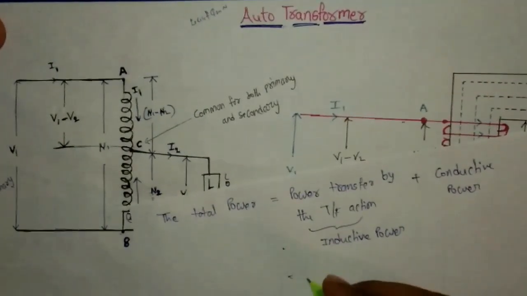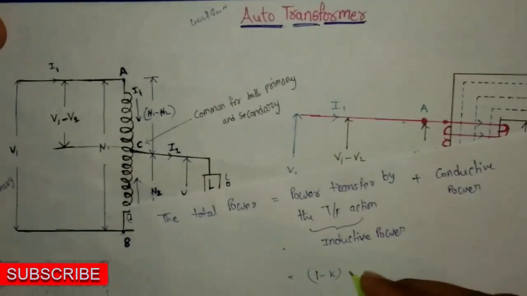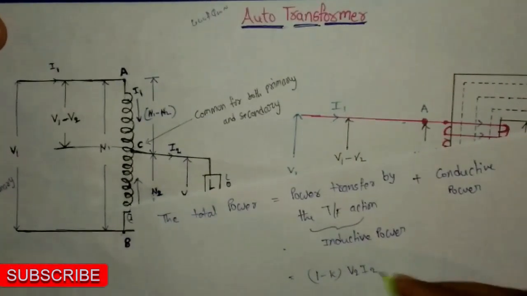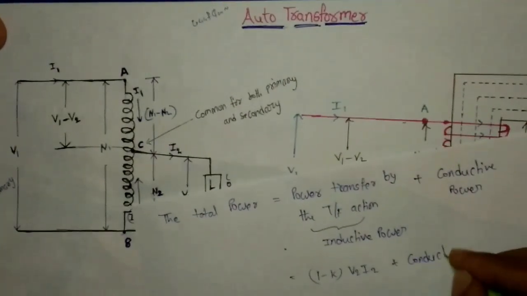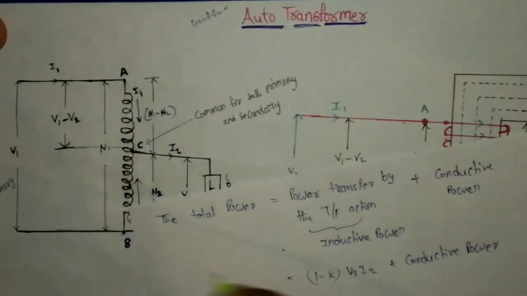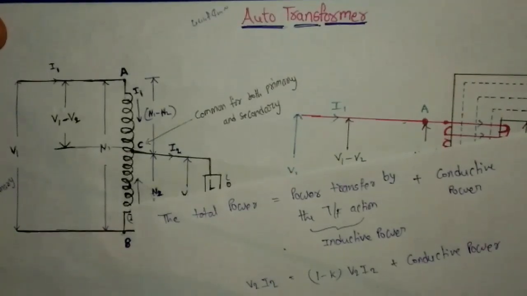We know inductive power is 1 minus K into V2 I2, plus conductive power. The total power is nothing but V2 into I2.